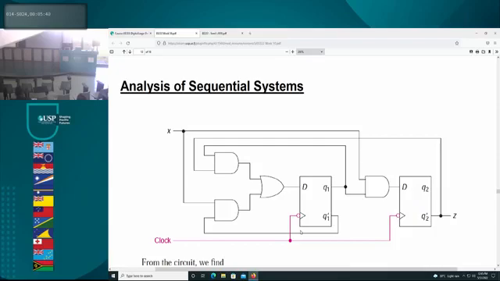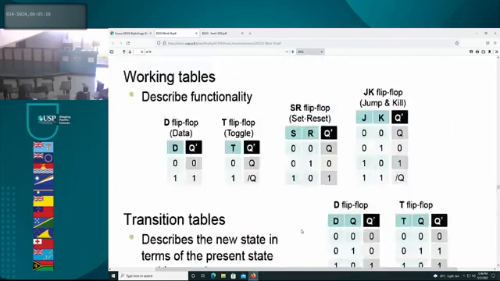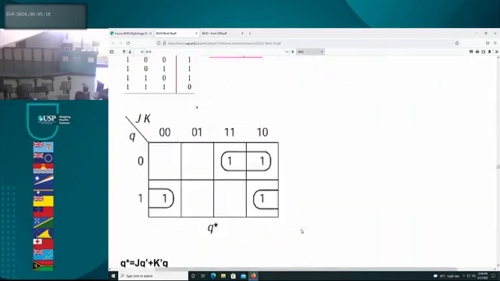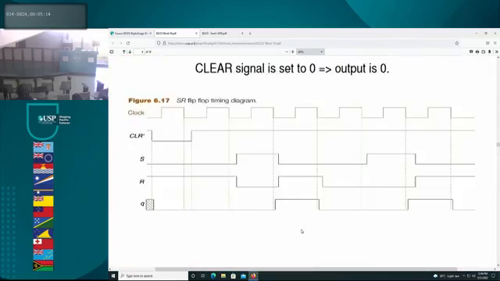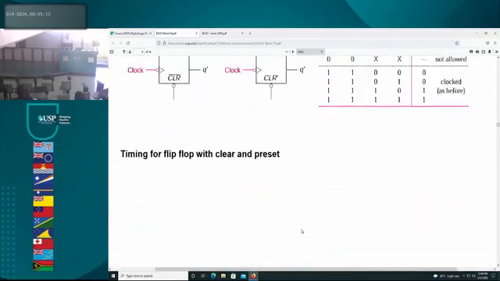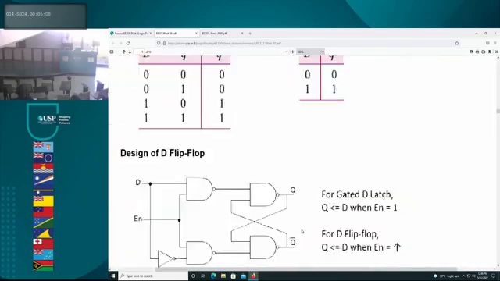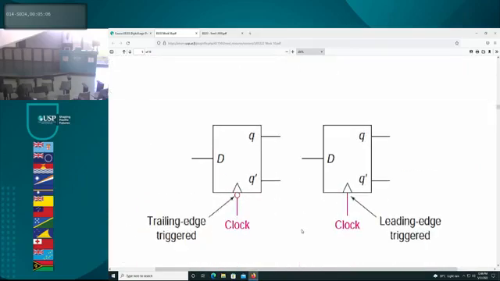When you send a clock pulse, depending on whether you've got a bubble or no bubble: if there's no bubble, it will work on the leading edge. If there's a bubble, it will work on the falling edge. I'll explain what leading edge and falling edge mean.